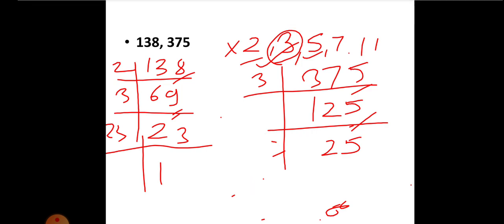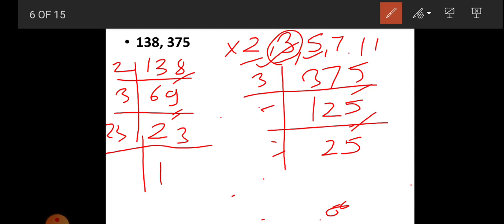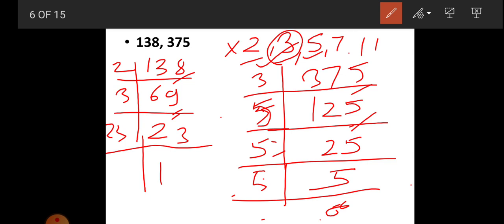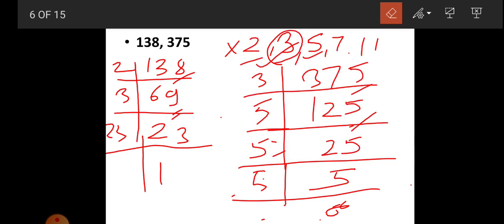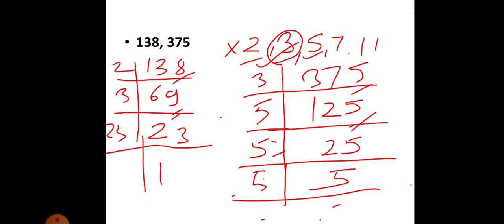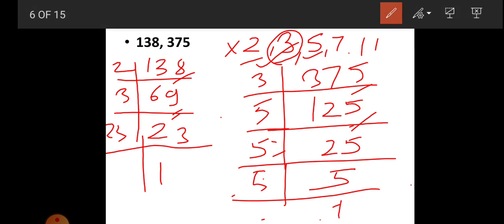And here write 5, because 125 divided by 5, answer is 25. Again 5 fives are 25. Again 5 ones are 5. These are the factors of 138 and 375.